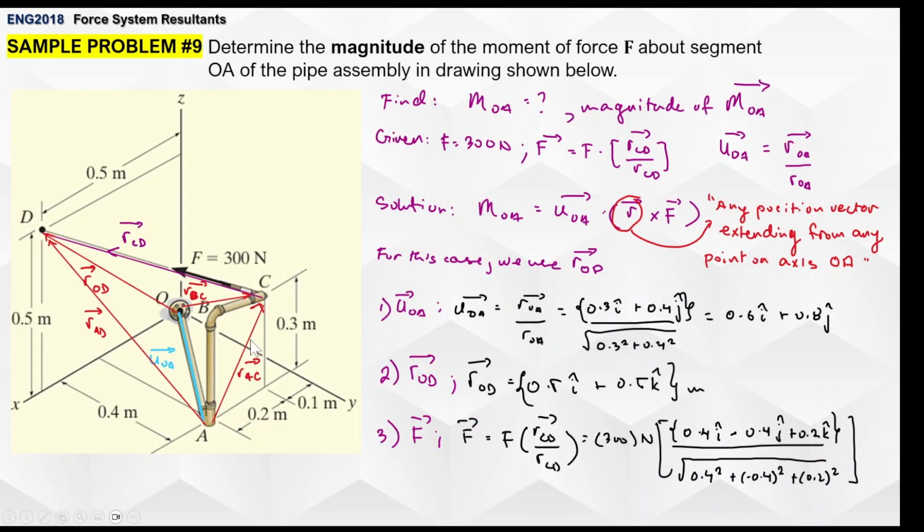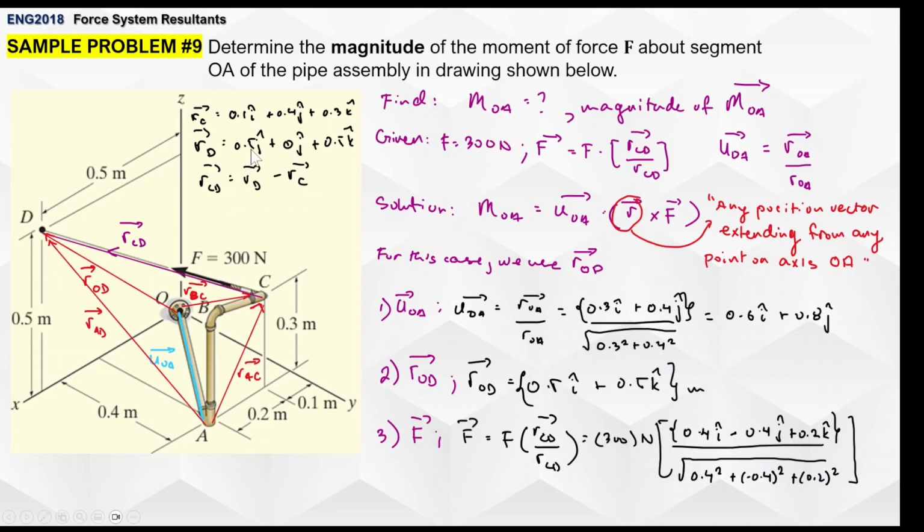So how did I do this? The old-fashioned way is, ano ba yung meron sa RC natin? RC natin is simply 0.1i, and then that's 0.4j, and then plus 0.3k. RD natin naman dito is simply 0.5 i hat plus 0 j hat plus 0.5 k hat. And all you have to do to get RCD is get the difference between position vectors RD and RC.